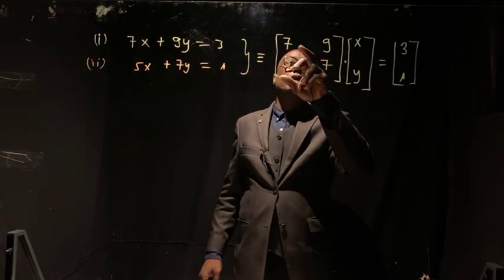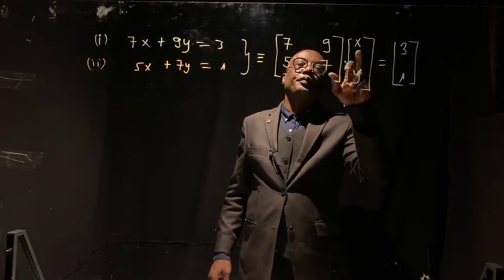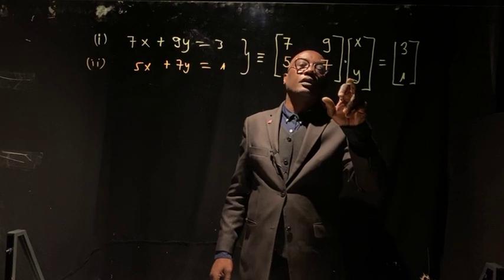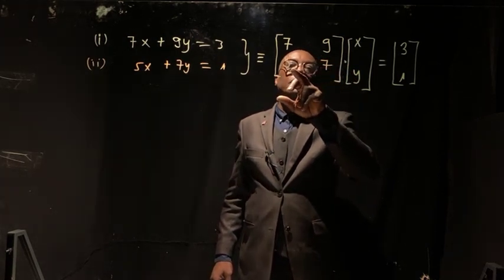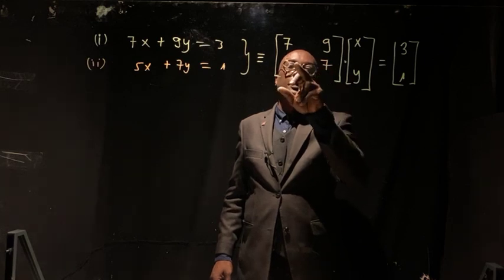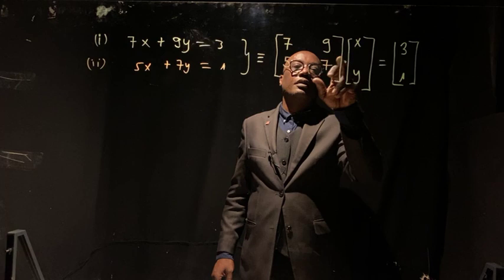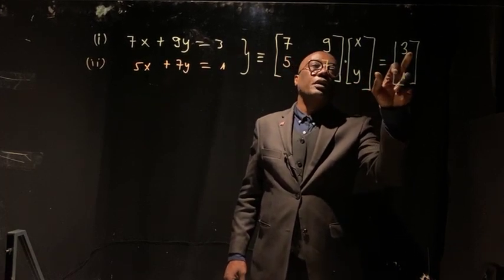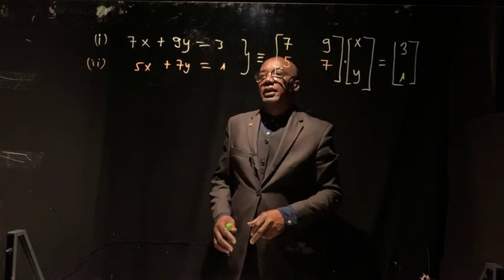It is 7 times x, 7x, plus 9 times y, 9y. Then you come to the second part: 5 times x plus 7 times y equals 3 and 1. It's the same equation that you see there.